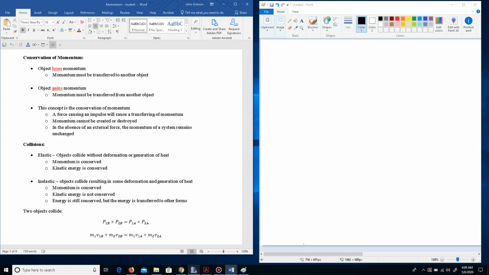So the question is, what happens if the momentum change wasn't equal and opposite? Well, it can't happen. So it's actually kind of a simple answer. It can't happen because we have what's called conservation of momentum. And so if an object, like the green ball, loses momentum, the momentum must be transferred to another object.